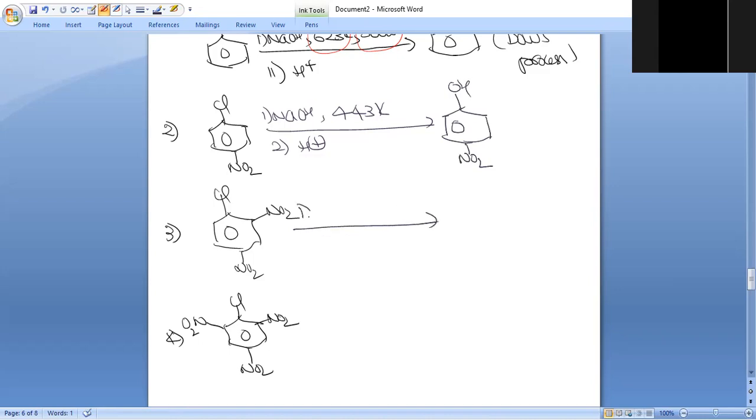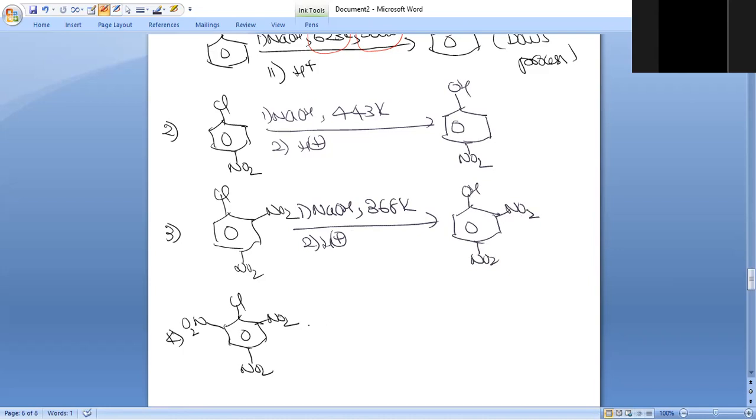Next one, if I use two NO2 groups, the temperature required is just 368 Kelvin. Now the temperature has decreased further. Initially 623, next 443, now 368. It means the replacement is going on easily, right?